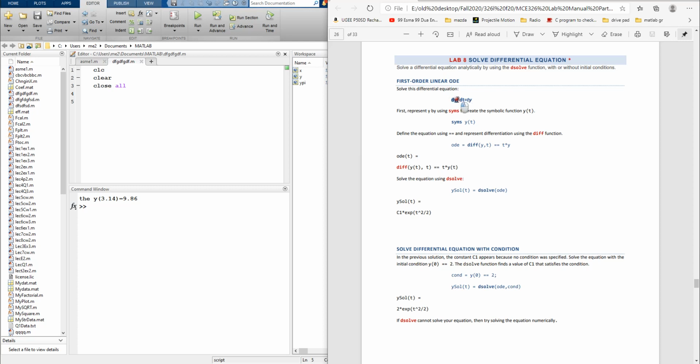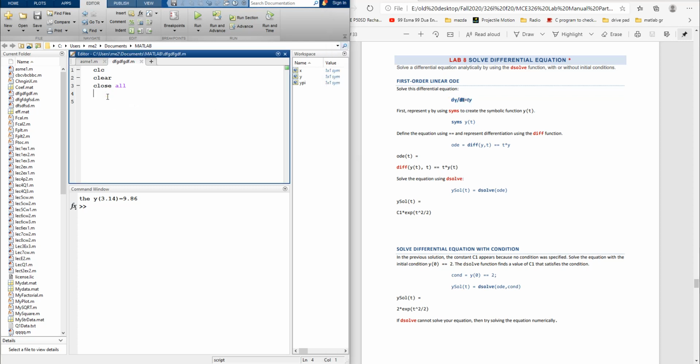As you see, y is a function of time. So how can we start? By defining syms y(t), y as a function of t.